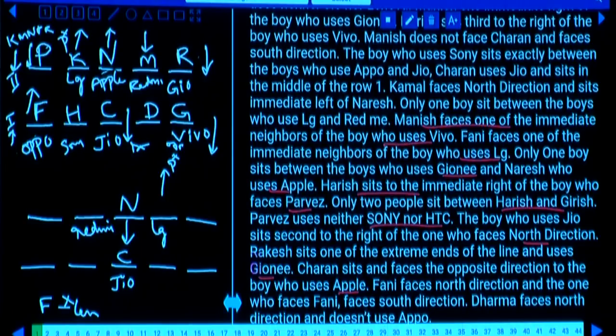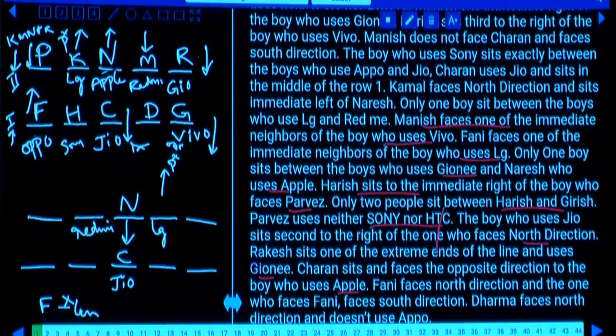Funny faces north, and the one who faces Funny faces south. Dharma faces north and does not use Apo. Then what is left over here? Dharma must be either Lenovo or HTC. And one piece of information regarding HTC and Lenovo is given.